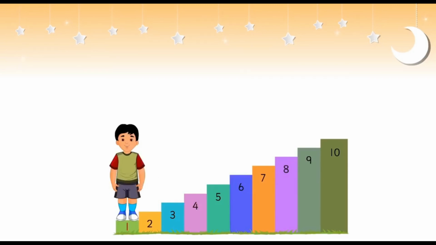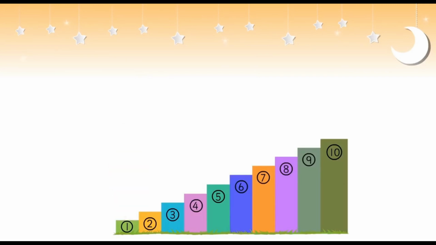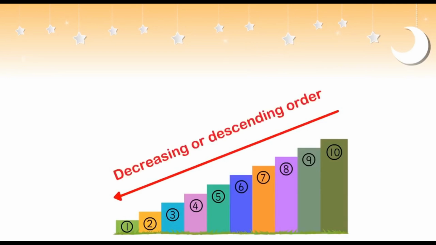Did you observe that as he comes down each step, he is descending or moving towards to a smallest number than the previous number? Thus, we say that when the numbers are arranged greatest to smallest, they are in descending or decreasing order.